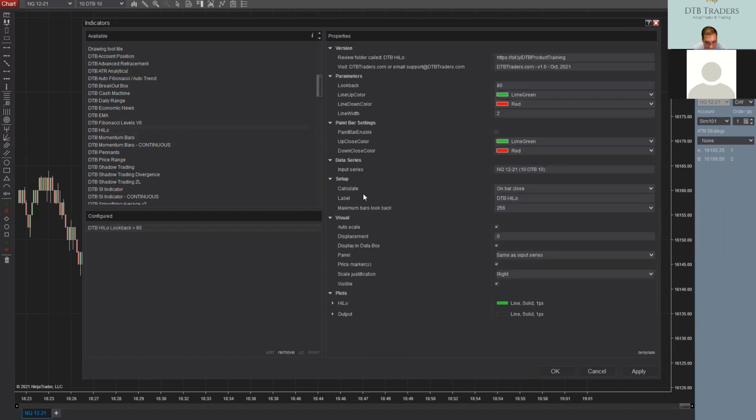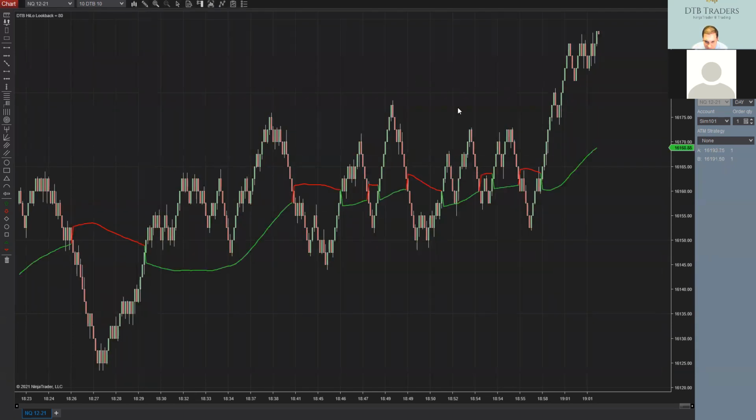The high-low is an indicator that has a moving average period look-back, or a moving average value. You can adjust the value of it, and it's supposed to have a bar delay. Let me just have a quick look at this.